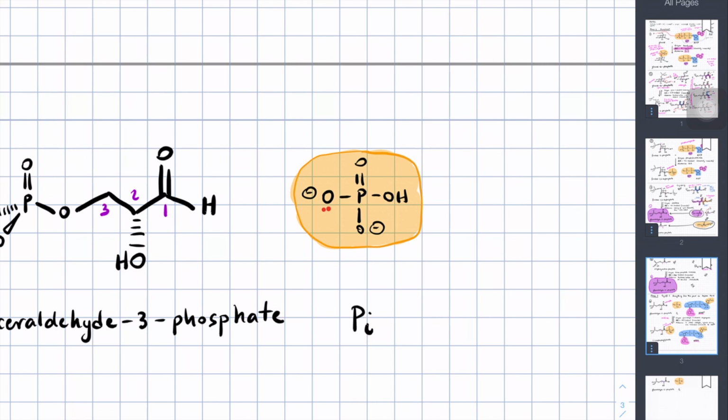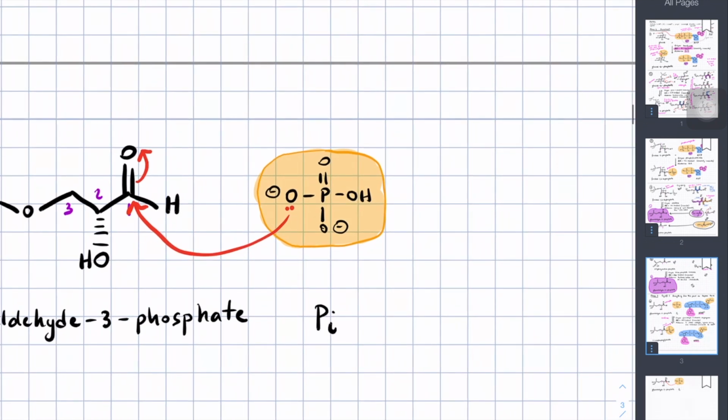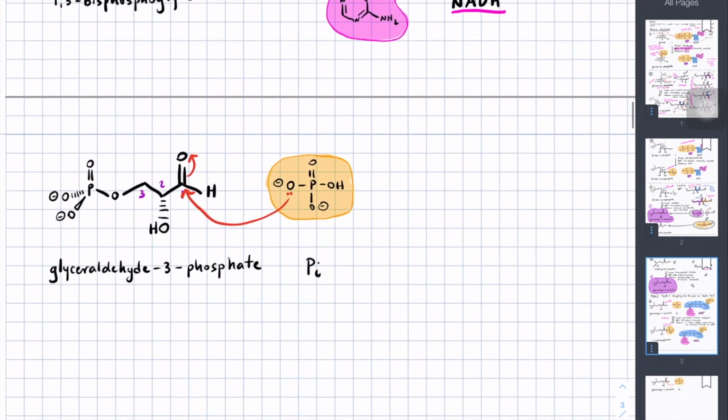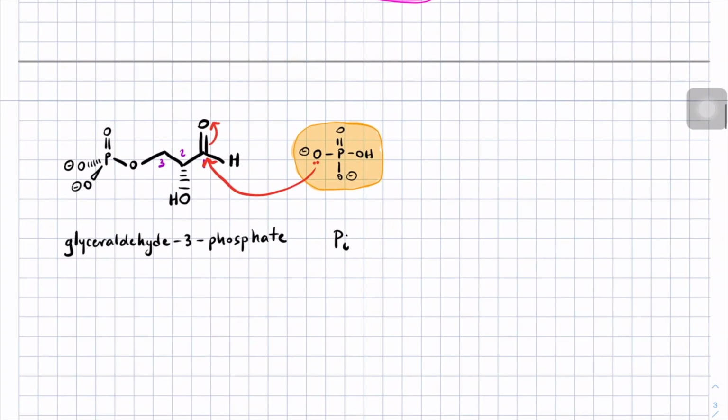So lone pairs on the phosphate group attack the carbonyl carbon to generate a tetrahedral intermediate. That oxygen probably gets protonated at some point, or I suppose you might consider that it's negatively charged and maybe it fits into some pocket where there's hydrogen bonding, so maybe you don't need to completely protonate it.